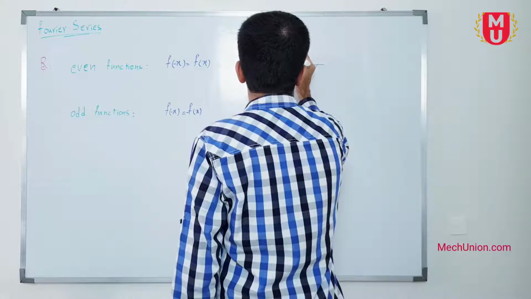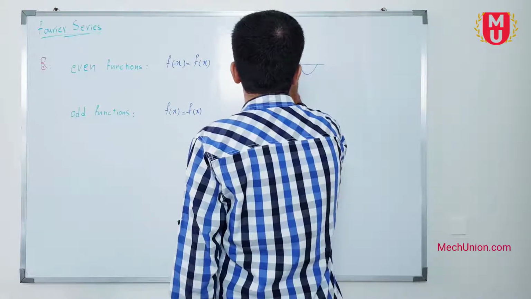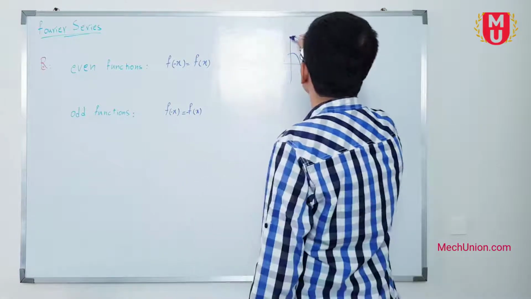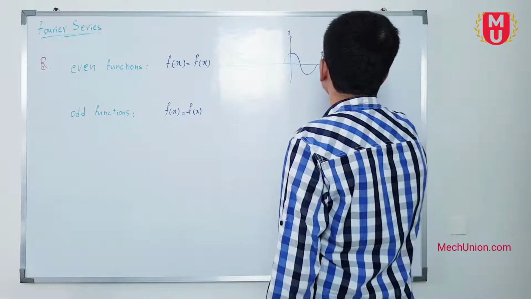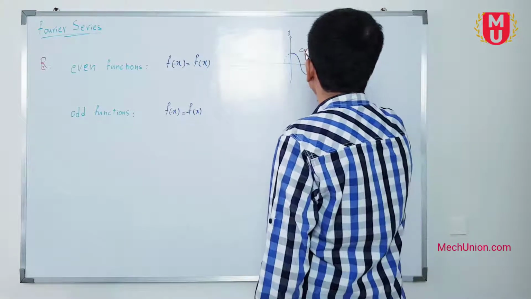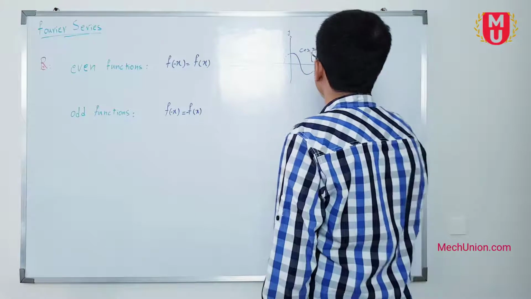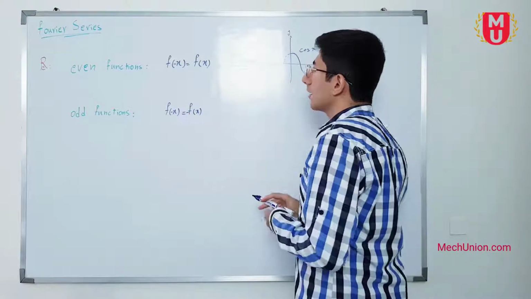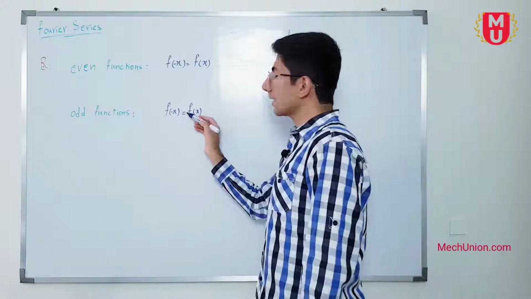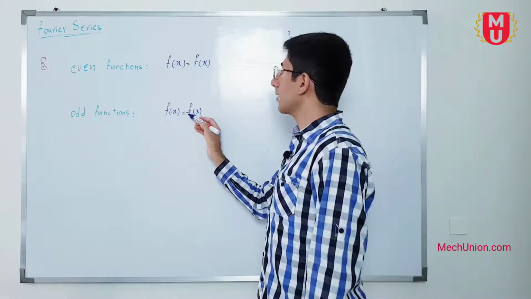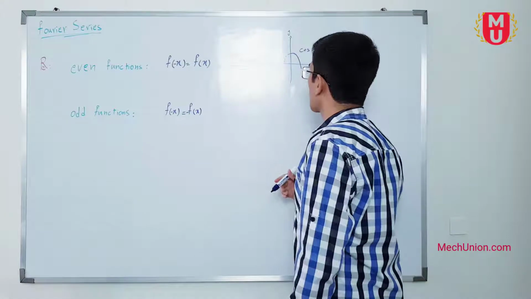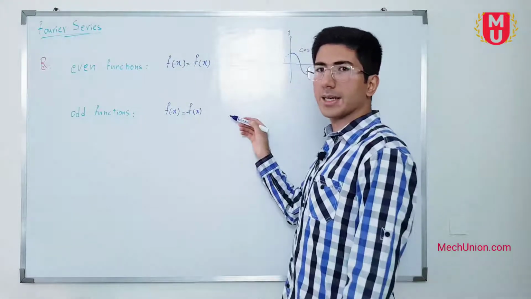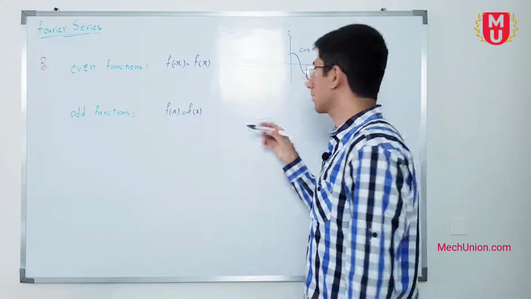This is the cosine function, which is symmetric corresponding to the y-axis. Cosine of x. And an odd function sends out the negative sign to the side of the f function.